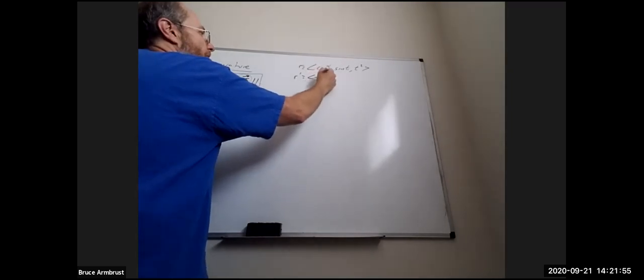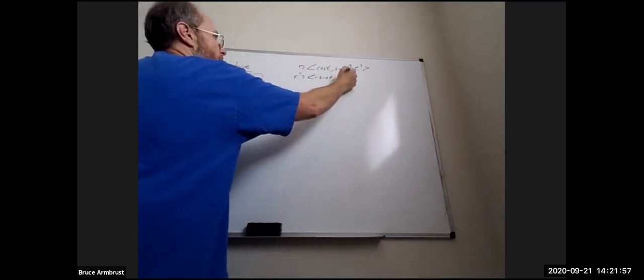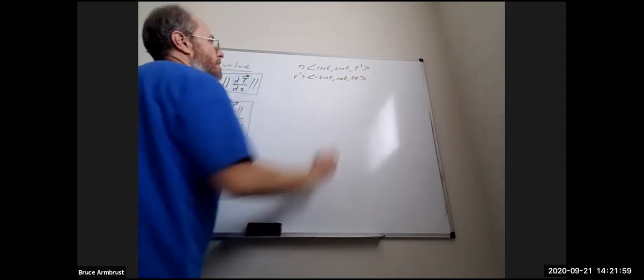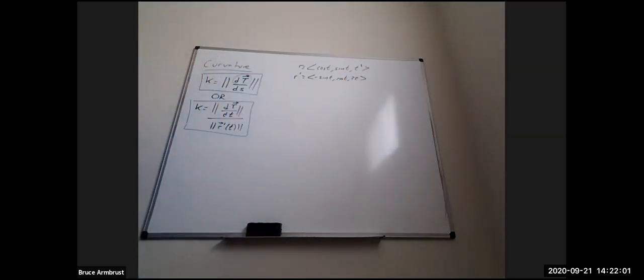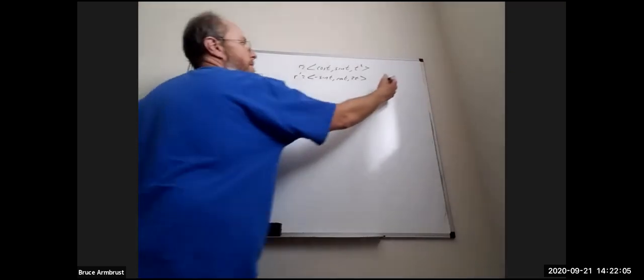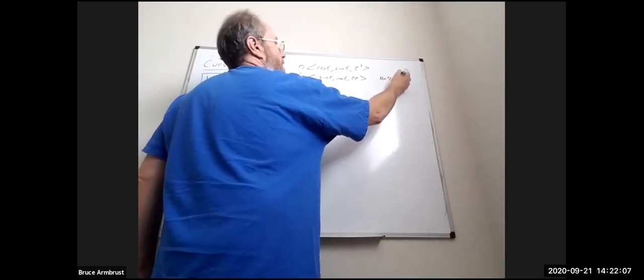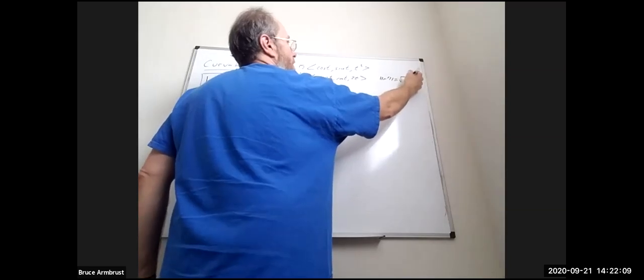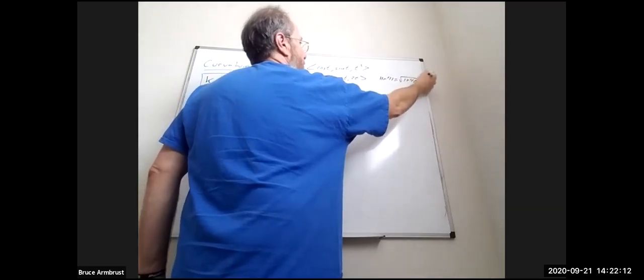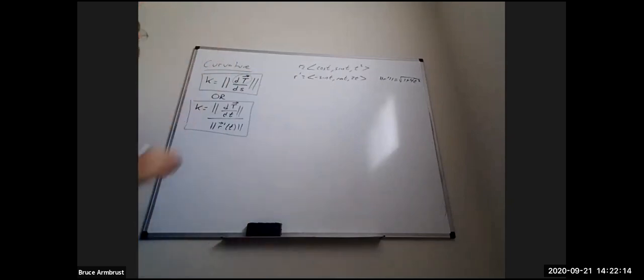R prime is negative sine t, cosine t, 2t. Before I find big T, let's get the magnitude of this. We actually already found that earlier, but it's the square root of 1 plus 4t squared. So there's our magnitude of r prime.